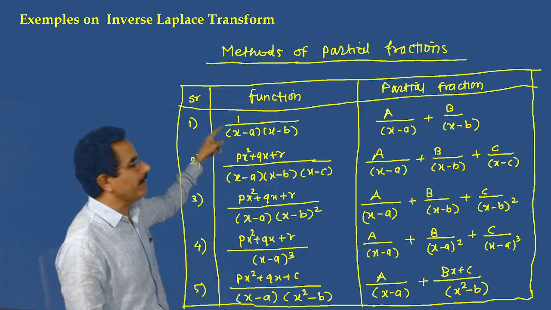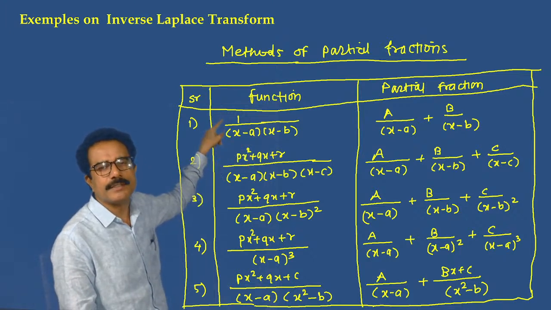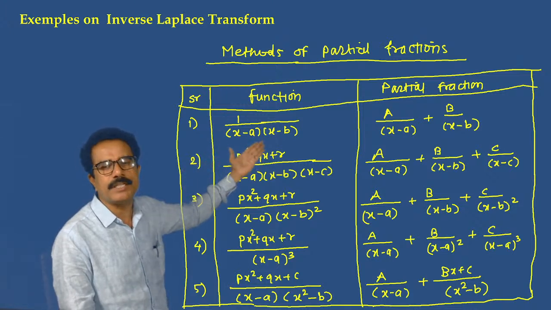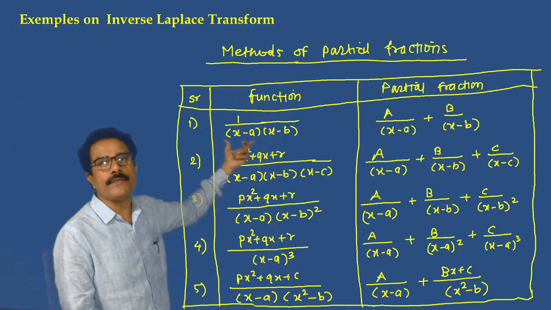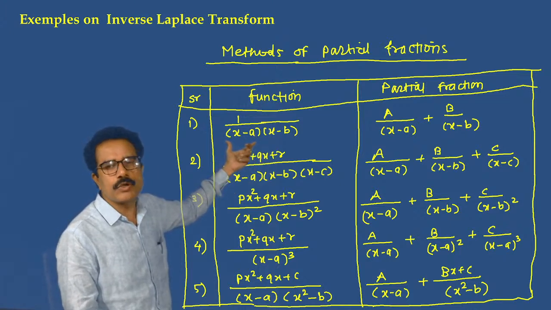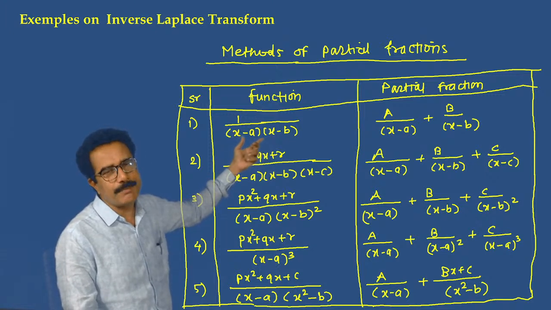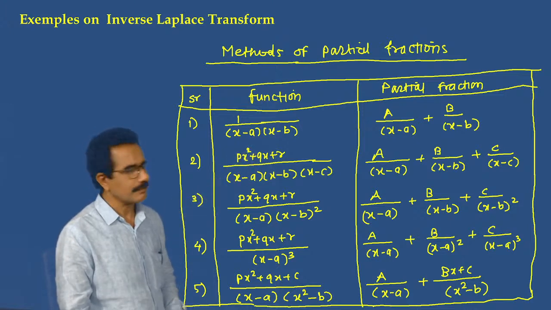See this, if 1 upon (x minus a) into (x minus b) are linear terms, then its partial fraction we can write, because there are two factors in the denominator, by using two constants A and B, such that A divided by x minus a plus B divided by x minus b.